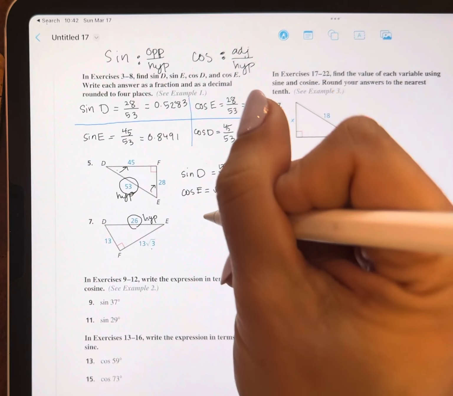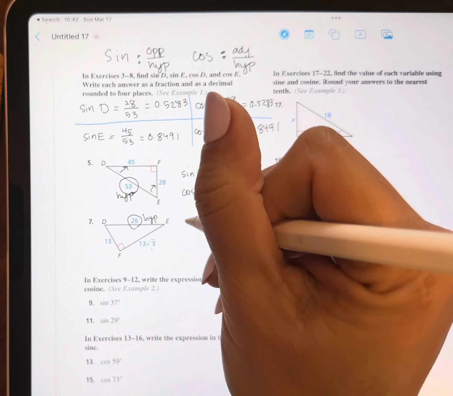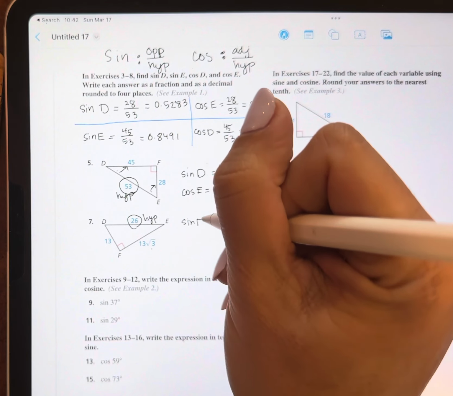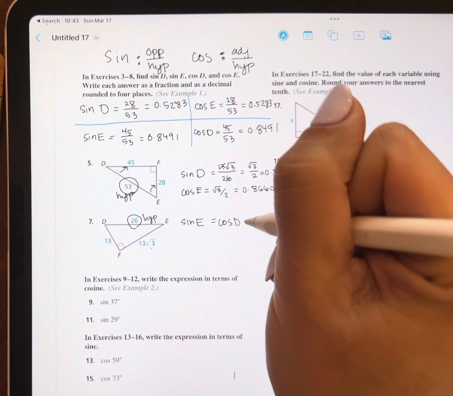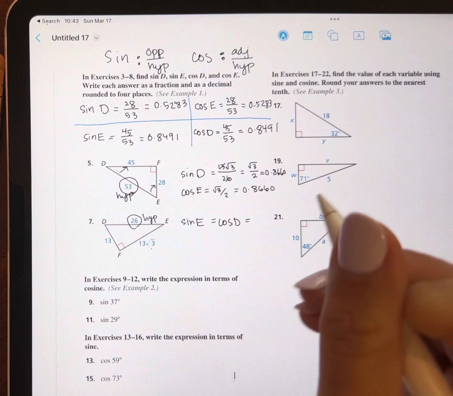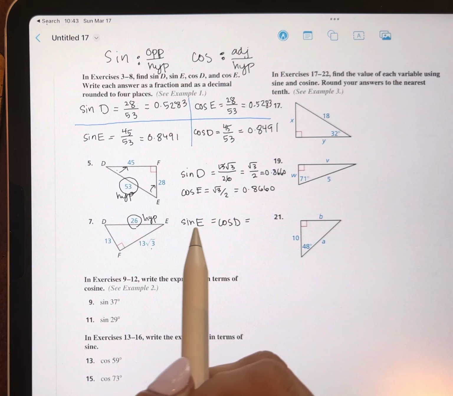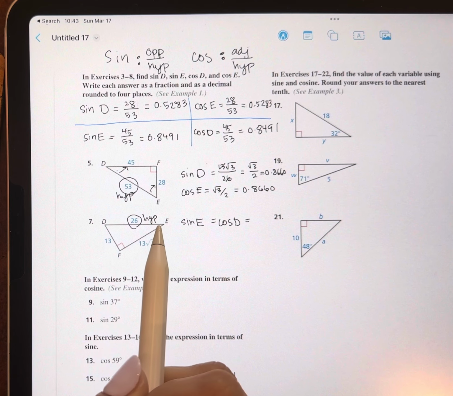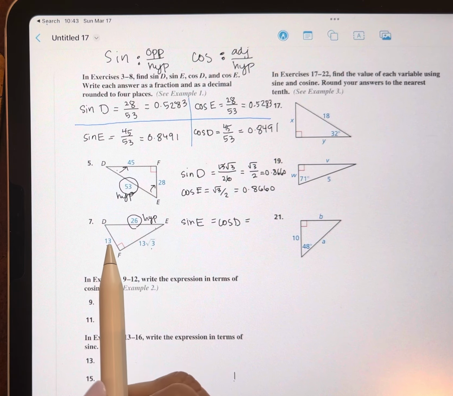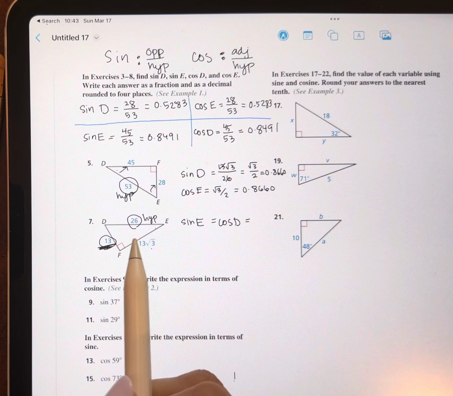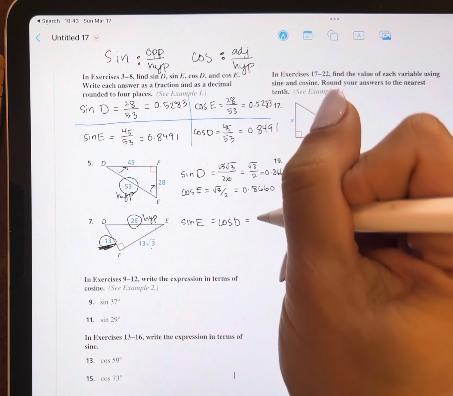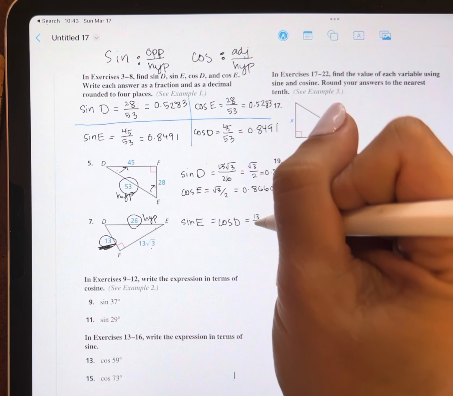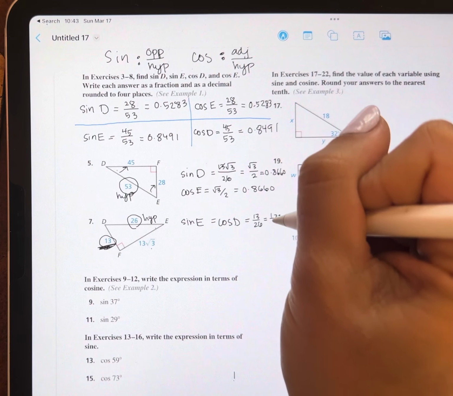All right, let's keep going. We'll also do sine of E, which we expect will be the same as cosine of D. If I'm looking at sine of E, I want the opposite, which is the 13, over the hypotenuse, which is 26, so 13 over 26, which reduces to 1/2.